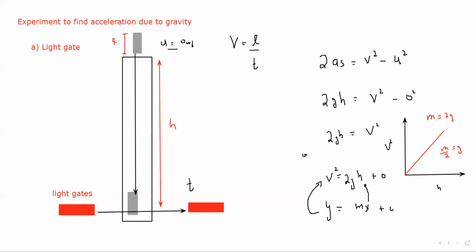Is it clear how to find the acceleration due to gravity using the light gate? The whole experiment and working, I will send the file so you can go through that.